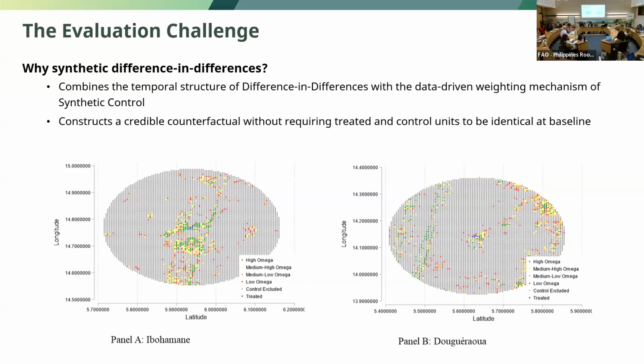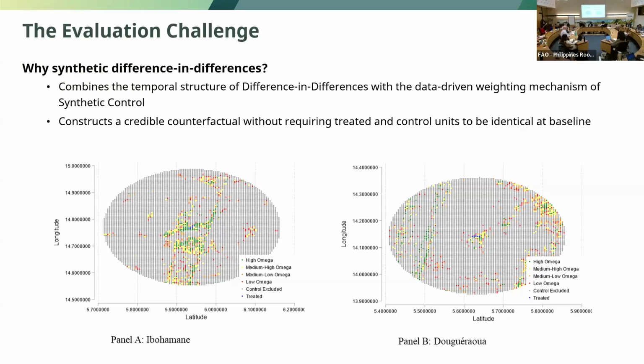What you're looking at here in these panels is that weighting in practice. Each dot represents a control pixel within a 15-kilometer buffer. The color reflects the weights, or how much each pixel contributes to the synthetic counterfactual. Warmer colors are those whose pre-2018 vegetation and soil moisture trends most closely track the treated pixels.